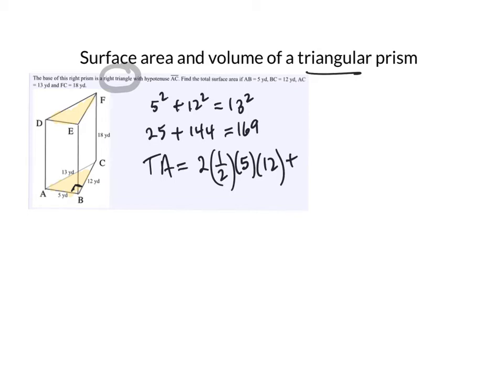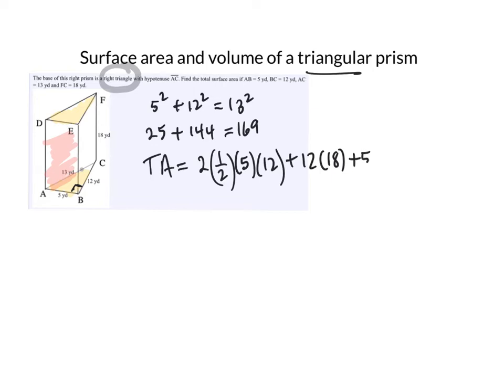I've got a rectangle on the side here, the right side, and it's right there. It's 12 by 18. We have a rectangle in the front. It's right here. It's 5 by 18.